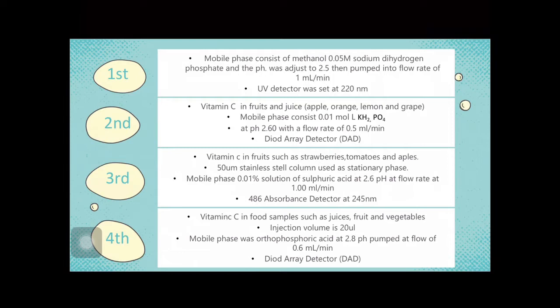The mobile phase consists of orthophosphoric acid at 2.8 pH. For the detector, for the second article and fourth article, a diode array detector was used. Meanwhile, for the first article, a UV detector was used that was set at 220 nanometer. Meanwhile, in the third article, it used a 486 absorbance detector.